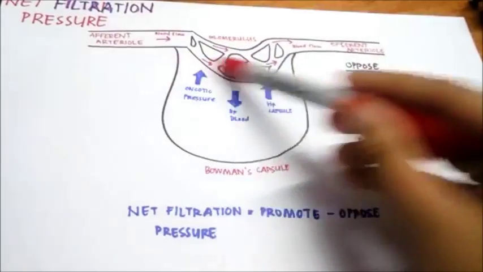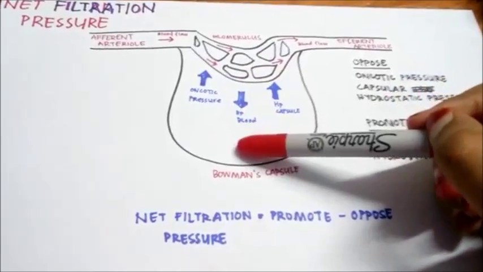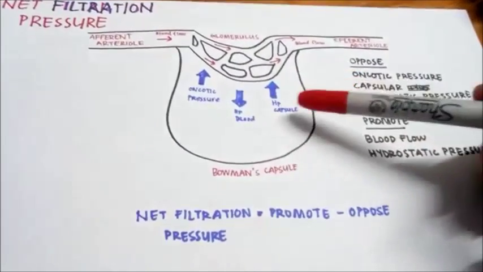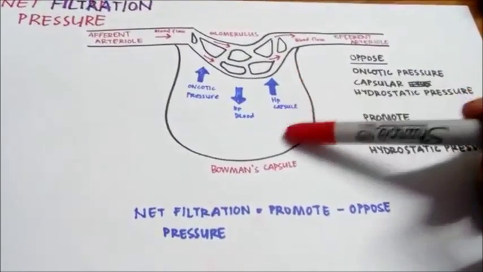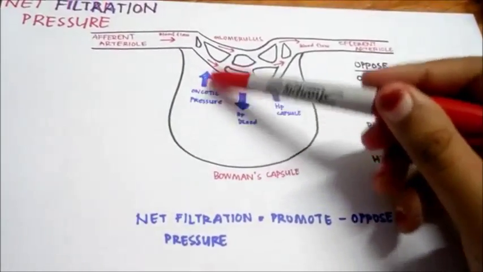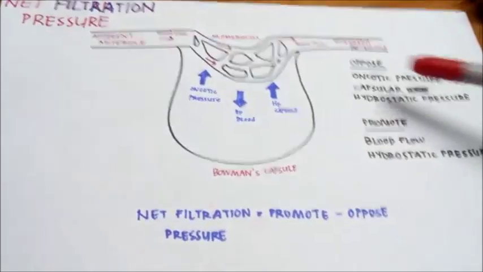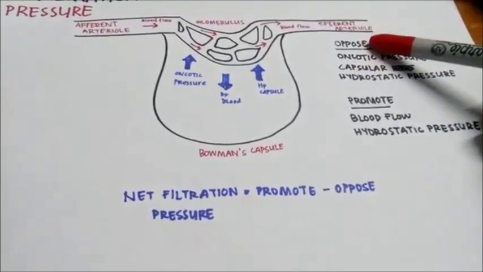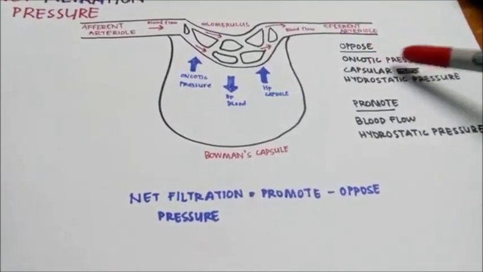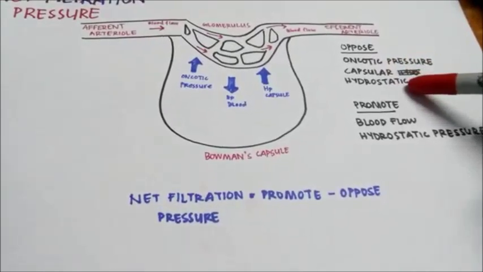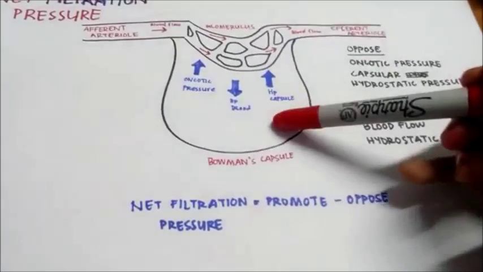So when the blood flows, the filtrate is moved out of the glomerulus. But the hydrostatic pressure of the Bowman's capsule and the oncotic pressure draw the substances back into the blood capillaries. So these pressures oppose the filtration process: oncotic pressure and capsular hydrostatic pressure, which is the hydrostatic pressure of the Bowman's capsule itself.